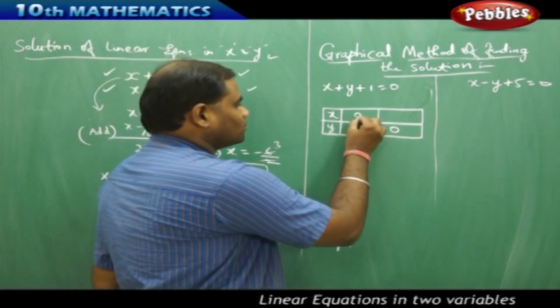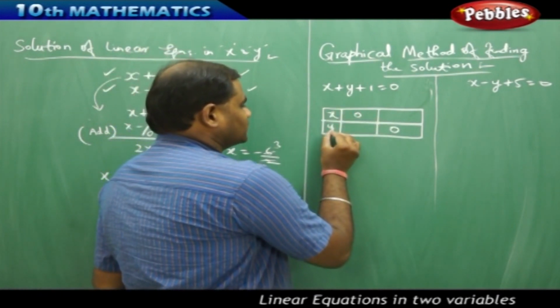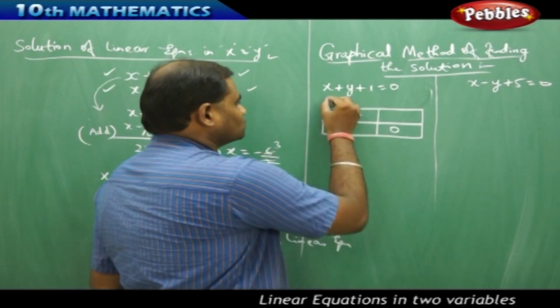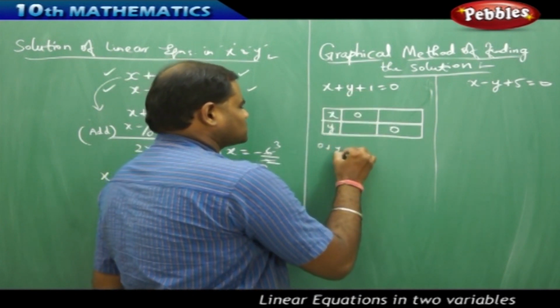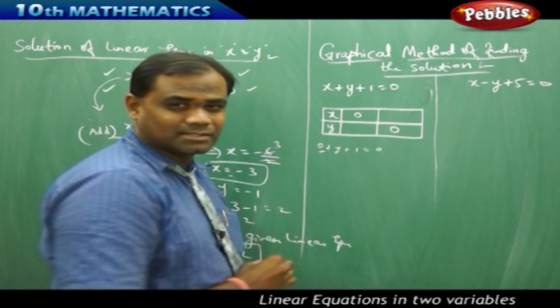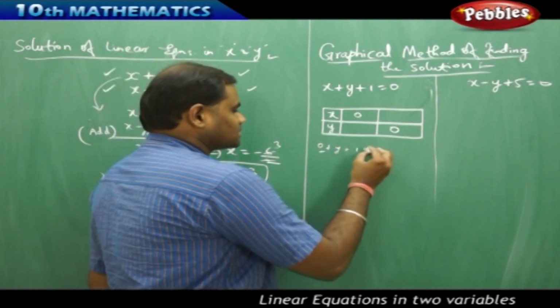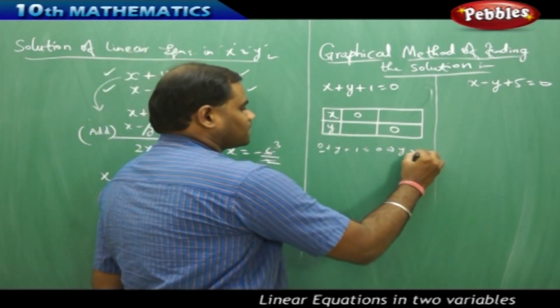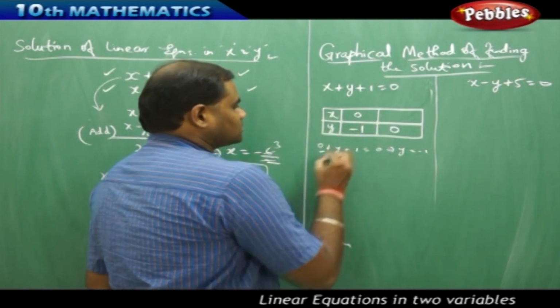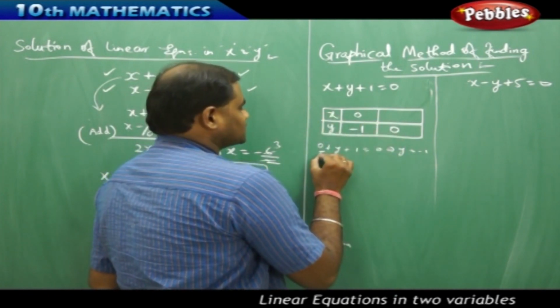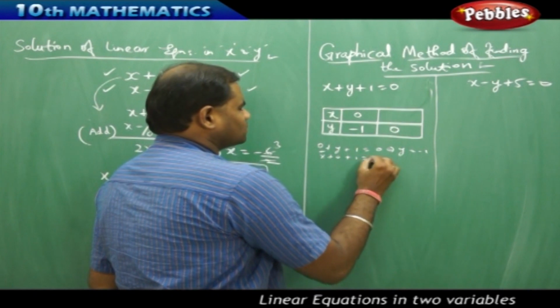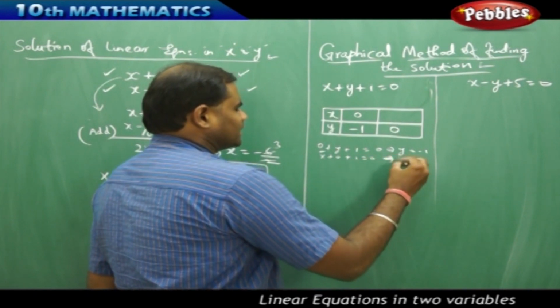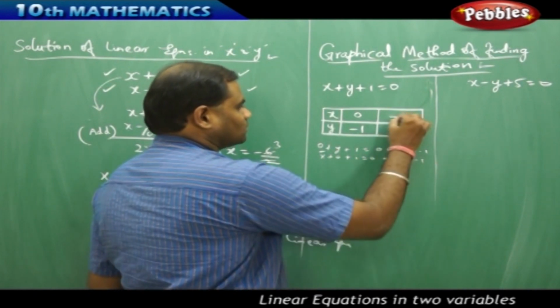So when x is 0, the corresponding y satisfies 0 plus y plus 1 equal to 0, and then finally I get y equals minus 1. And similarly, when y is 0, I get x plus 0 plus 1 equal to 0, so that here I get x equals minus 1.